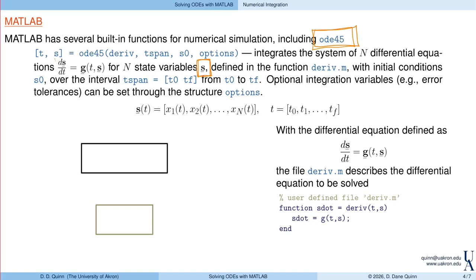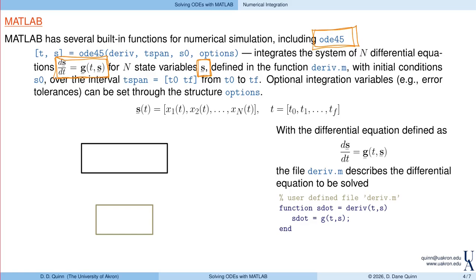And the equation that describes how S changes, the differential equation, is given as S dot equals some function g, so very arbitrary at this point. And of course, MATLAB needs to know what this differential equation is, and that is defined in the function deriv.m. So that's the file that we would write to describe the equation that we want to solve.